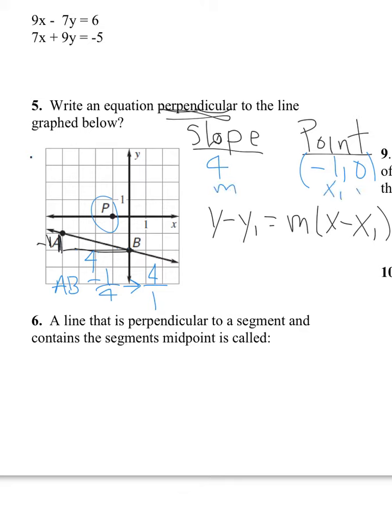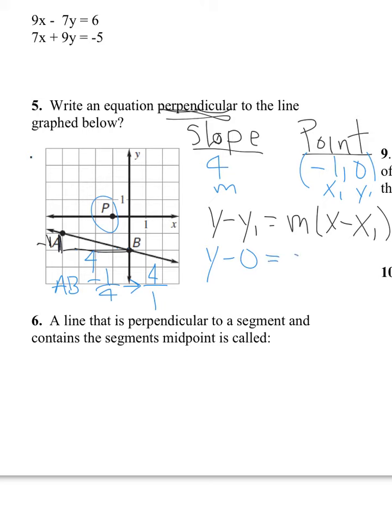So, M is the slope. The point gives us x1 and y1. The x and y's that are by themselves there are going to stay x and y. They're not going to change into numbers. Okay? And then this becomes y minus. Now, y1 is 0. We don't really need to write it. I'm just putting it there so you understand where it comes from. But you could just leave that y equals at that point.